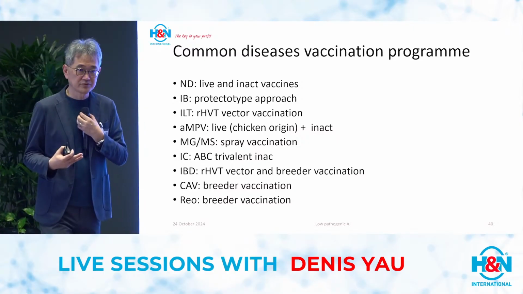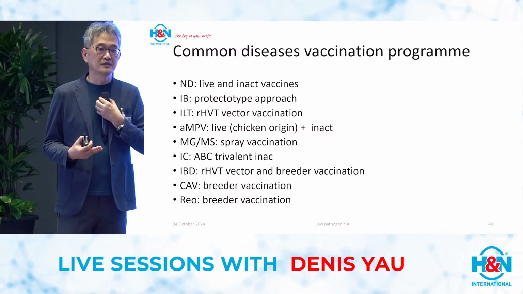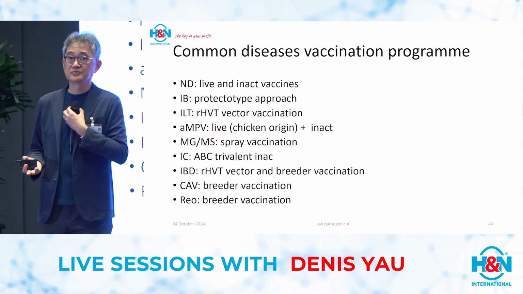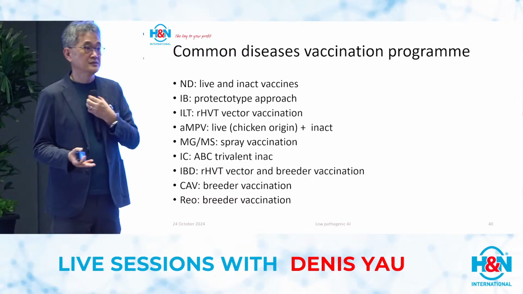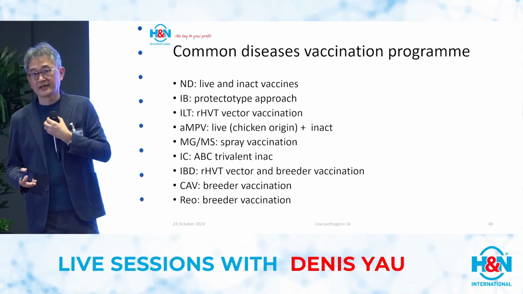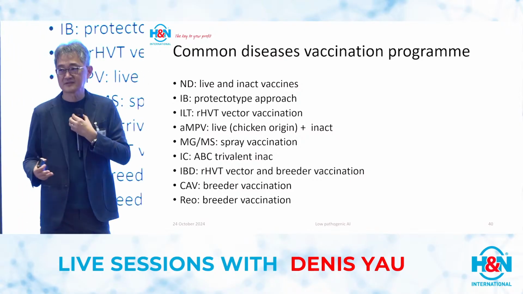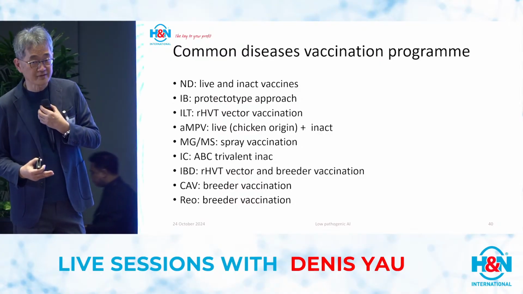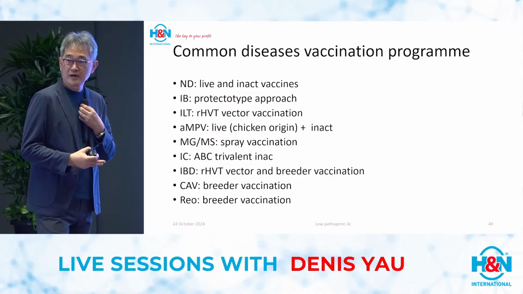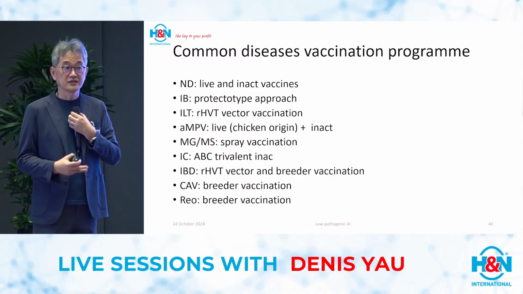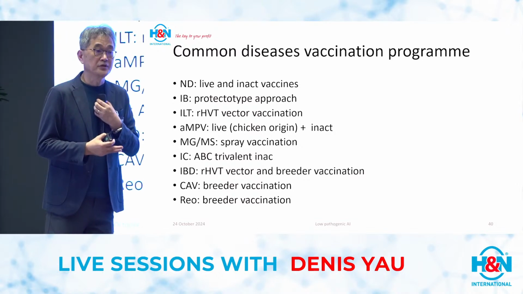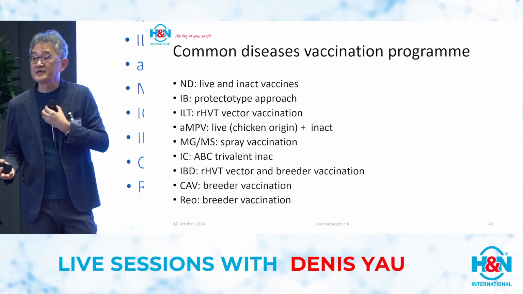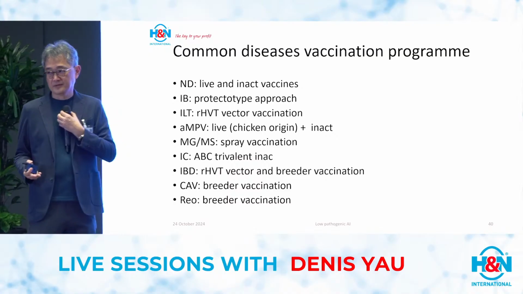Then I want to also share with you about avian metapneumovirus. I started with my CTU route in 2019, and I started with all the monitoring. I found in Hong Kong, the pneumovirus or MPV is quite prevalent. And I believe if you have done the monitoring in your country or on your farms, the AMPV should also be very popular.